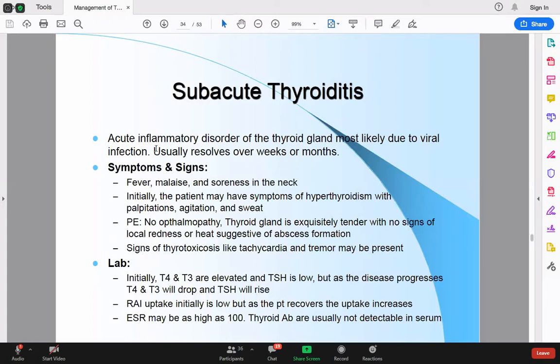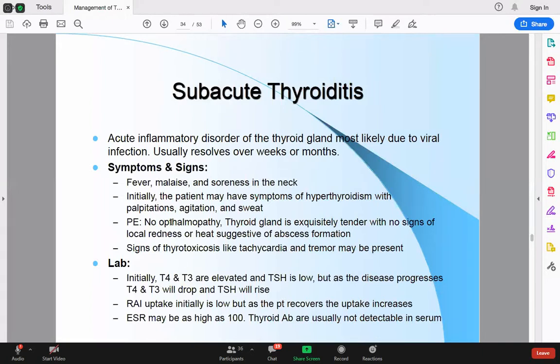The key feature, of course, is fever, but they also have tenderness, a soreness in their neck, okay? When we talked about Hashimoto's and hyperthyroidism, we didn't talk about the thyroid gland being sore. It's painful. This is classic for subacute thyroiditis. And from its name, there is an inflammation in the thyroid.